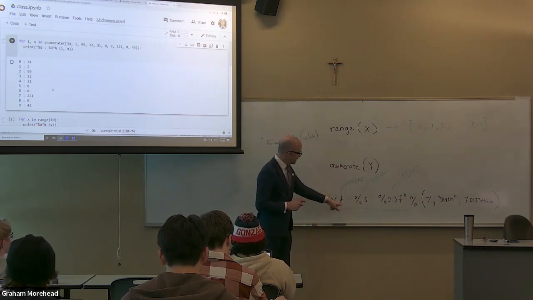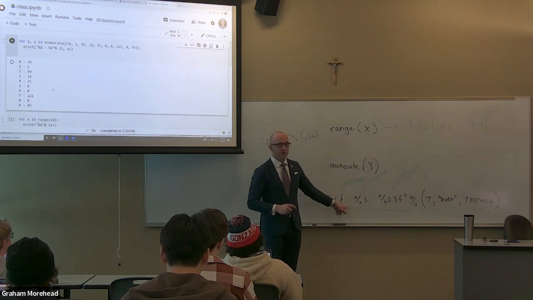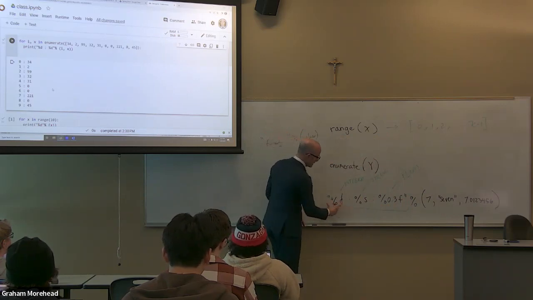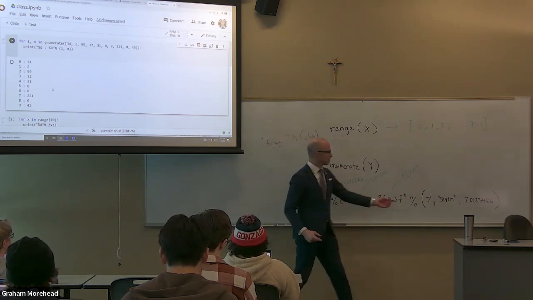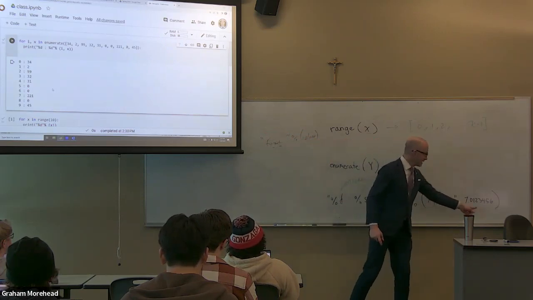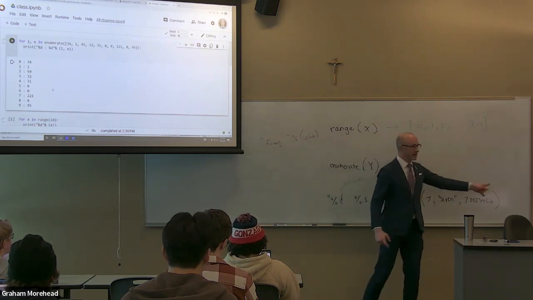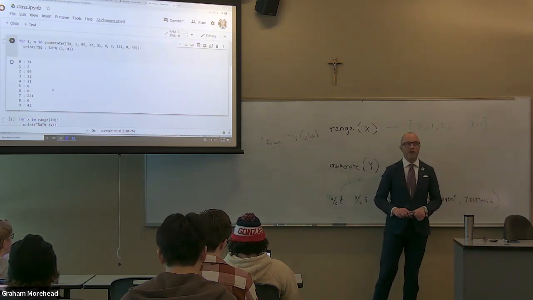Okay, this percent sign D, this is first. And what it's going to do, for the first formatting symbol it finds, it's going to grab the first element of this list. Or actually, I put curly braces on so it makes it a tuple. Have you ever heard of a tuple?